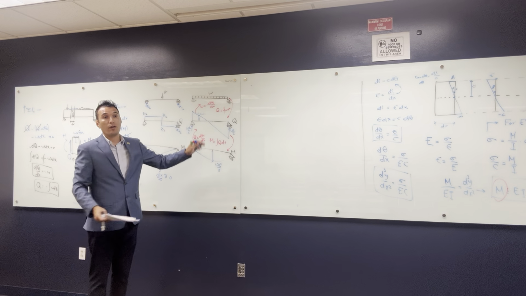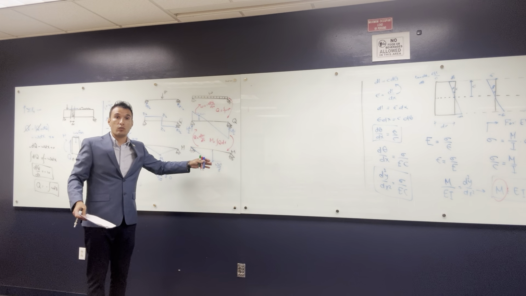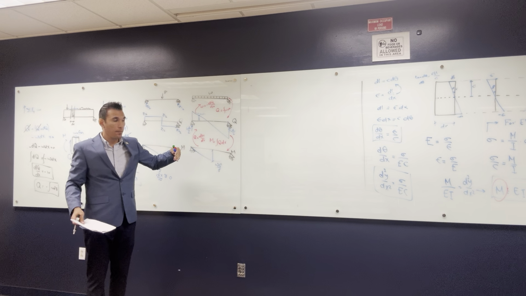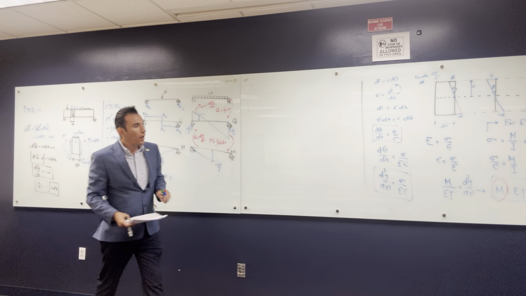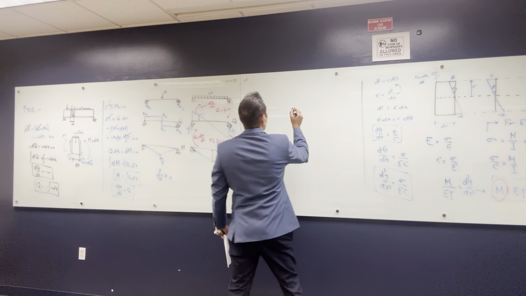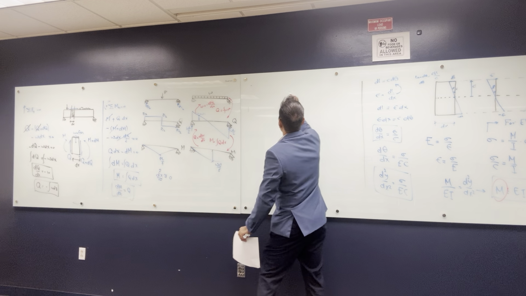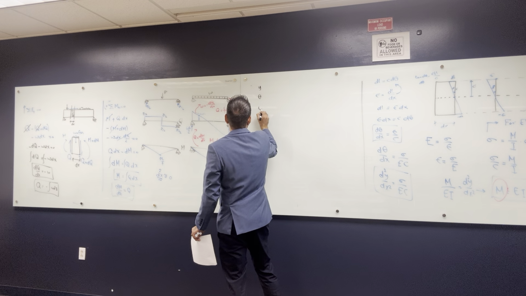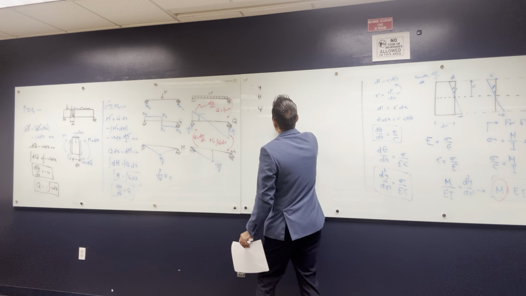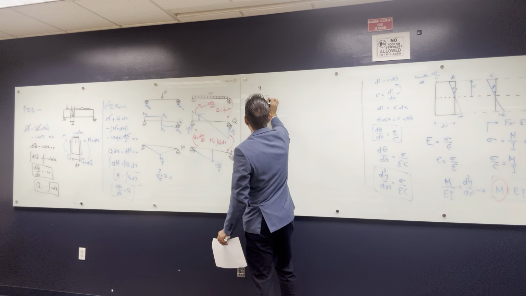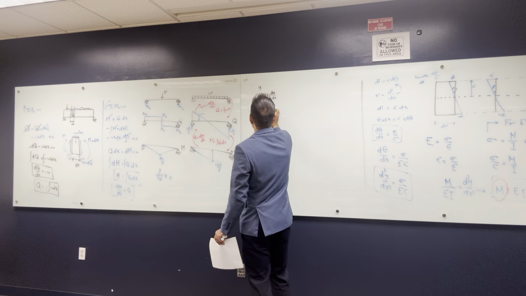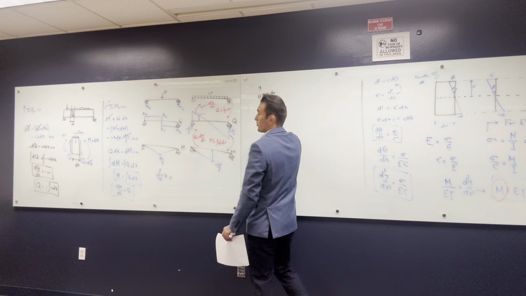Right now we didn't talk about slope and deflection. All of these are internal forces. How is this going to help me find y and theta? If you look at the relationship between y, theta, and curvature, theta is dy/dx, and curvature is d theta/dx.